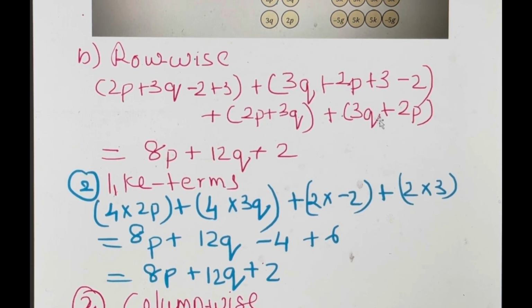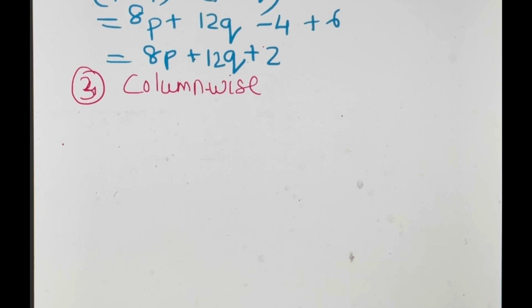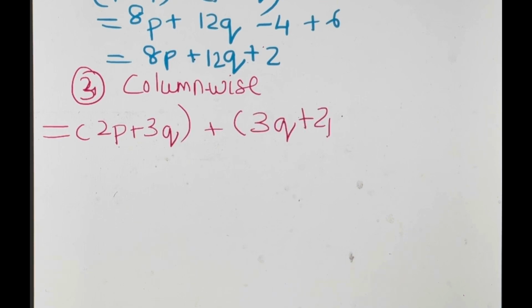Okay, so let us write down. 2p plus 3q plus 3q plus 2p, the second column, right?